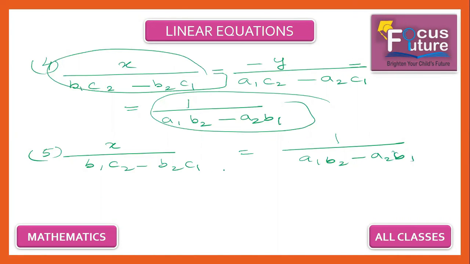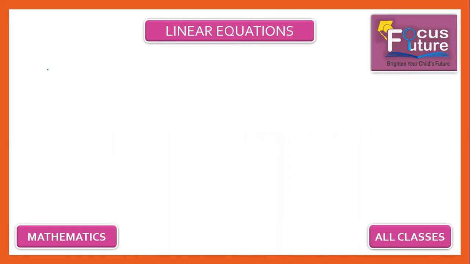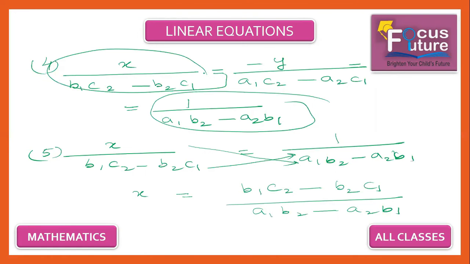So what would be the value of x? Just cross multiply. You would get x is equal to b1 c2 minus b2 c1 divided by a1 b2 minus a2 b1. Similarly, you will calculate y in step 6. What is the value of y? Compare the other two equivalents, y and the constant.